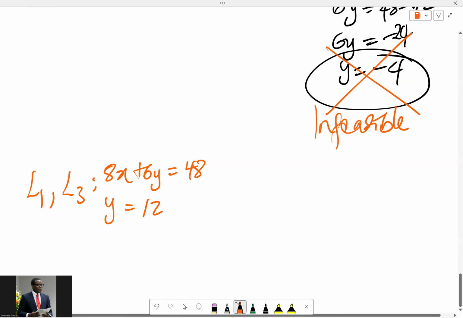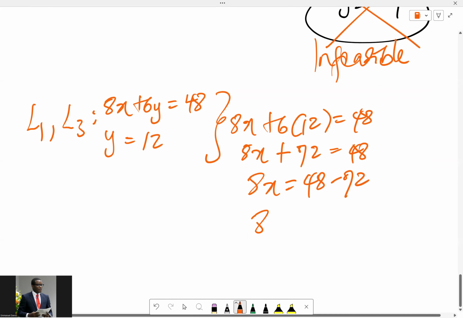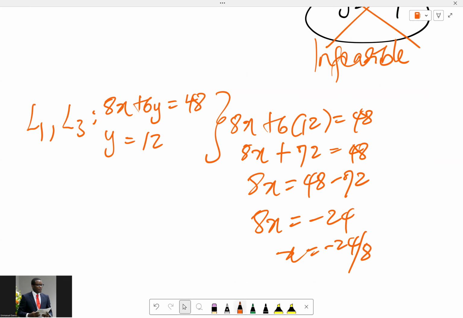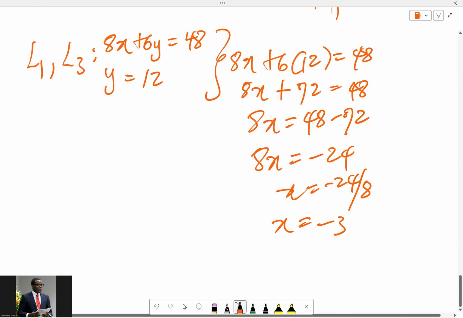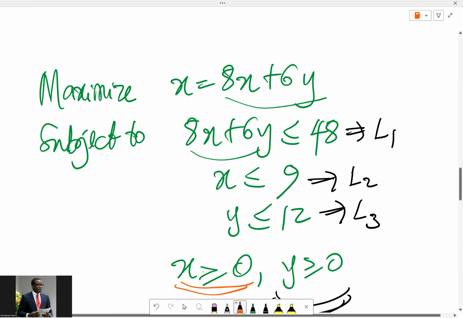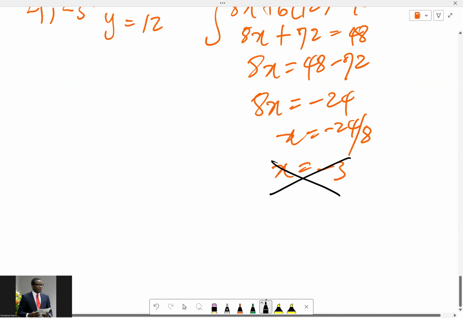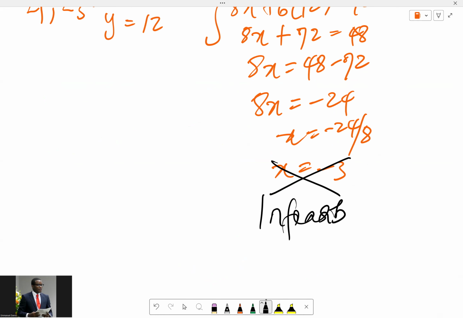If you take the two together, we have 8x plus 6 into 12 equals 48. 6 times 12 is 72, so 8x is equal to 48 minus 72. Again, we have 8x equals minus 24, and x is minus 24 divided by 8, so x is equal to minus 3. Again, x should be greater than or equal to 0, so that value is not feasible. This is infeasible again, so we can't admit this value of x.